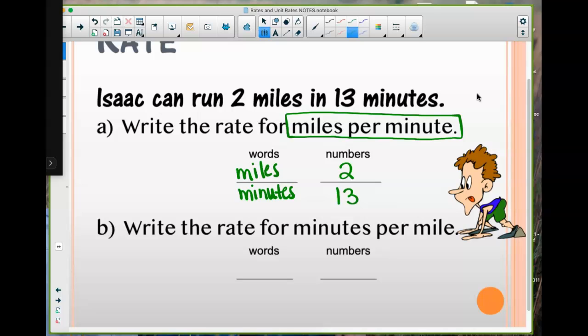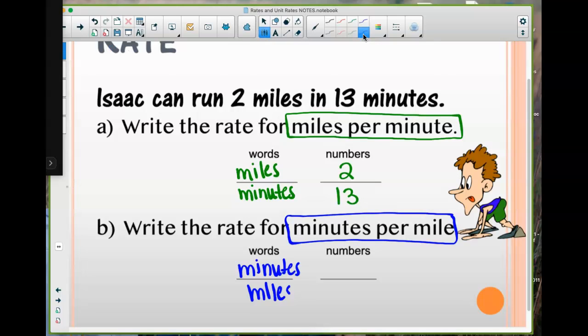Okay, now part B says write the rate for minutes per mile. Notice how I changed it. I switched the words around. So we have to pay attention to that this time the minutes comes first and the miles goes on the bottom. So if I was asked to write a rate for minutes per mile, I would put 13 over 2.